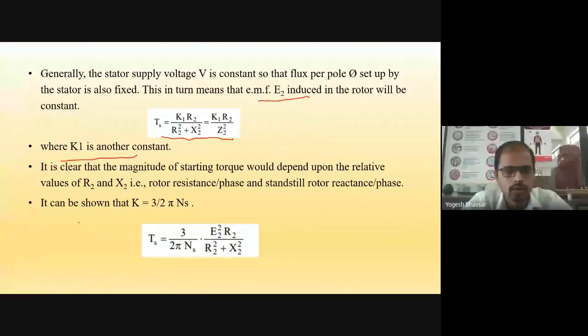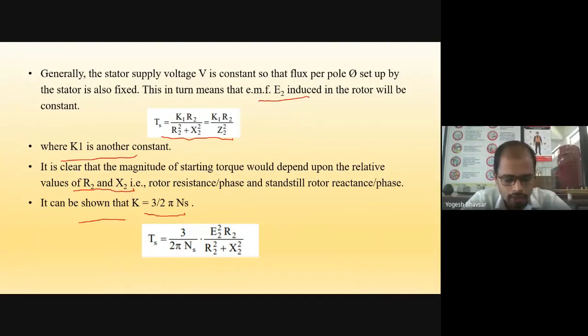It is clear from the above equation that the value of starting torque depends on the relative values of R2 and X2.